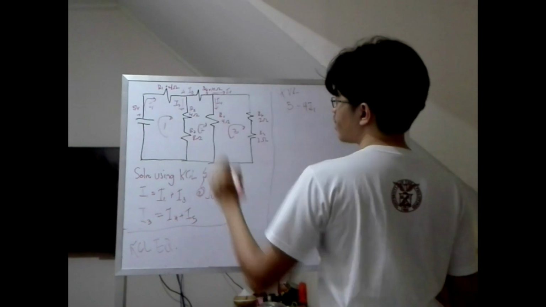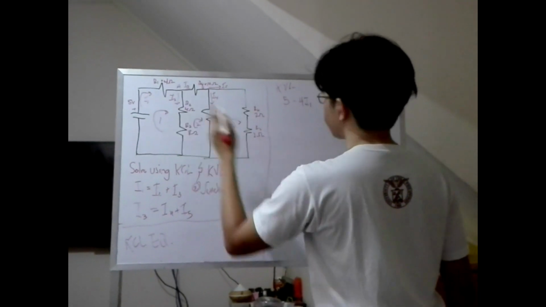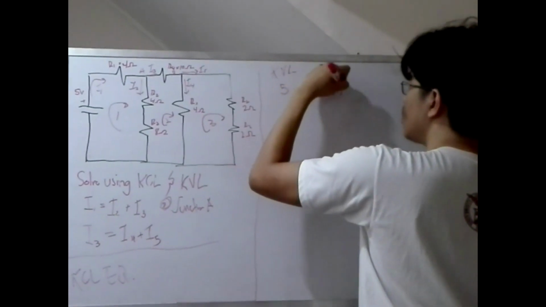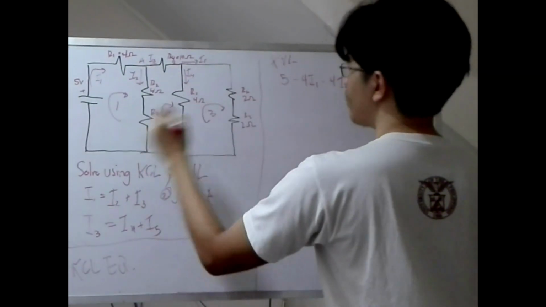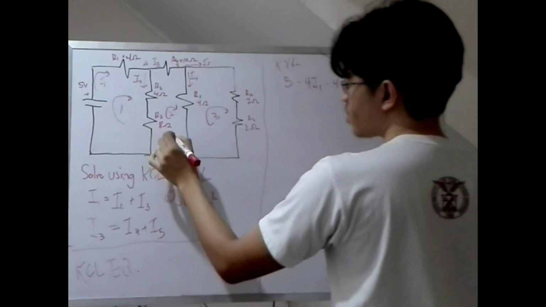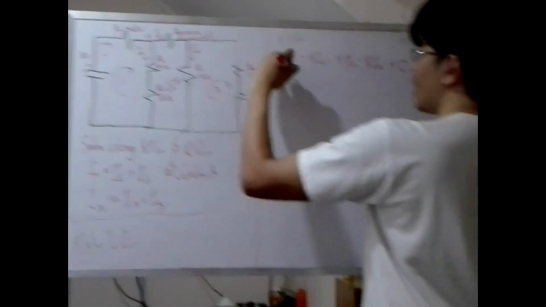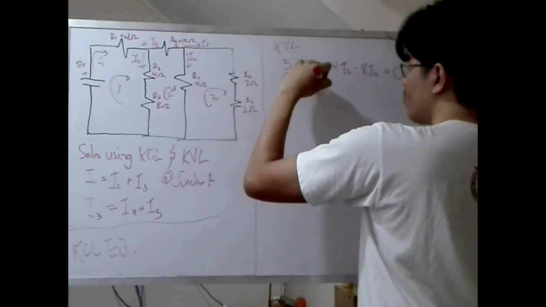And down here is I2. I2 is going to cross the 4 ohm resistor, so minus 4I2, and minus 8I2, which crosses a resistance of 8 ohms, and all of that should be equal to 0. This is loop 1.